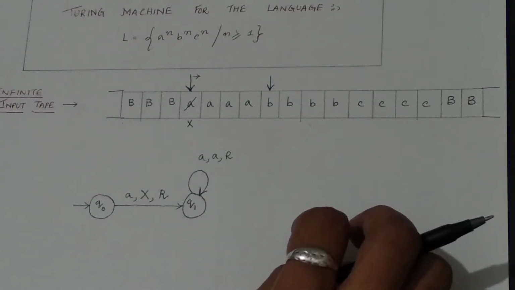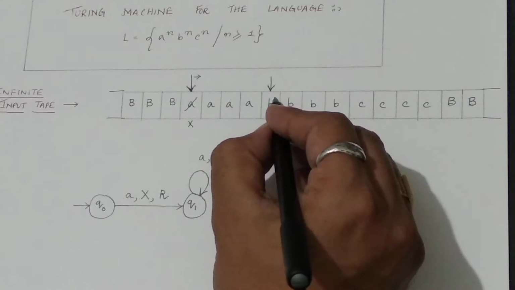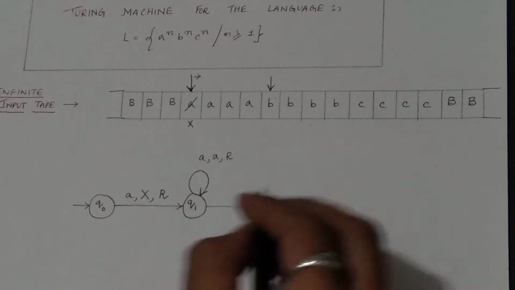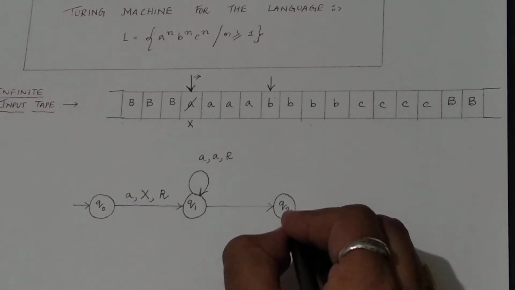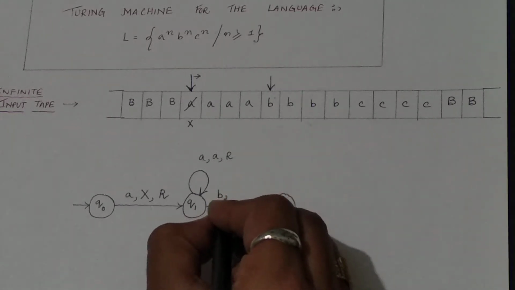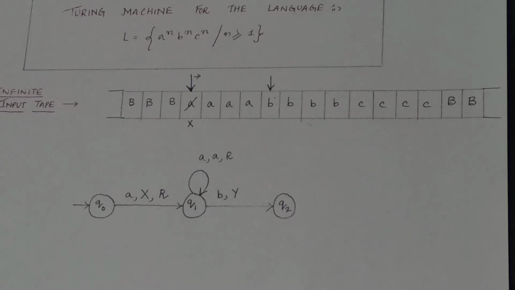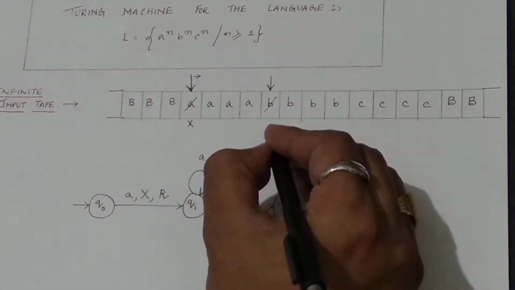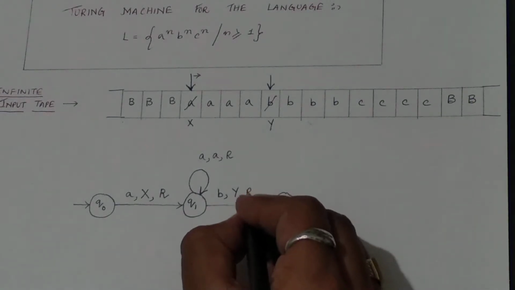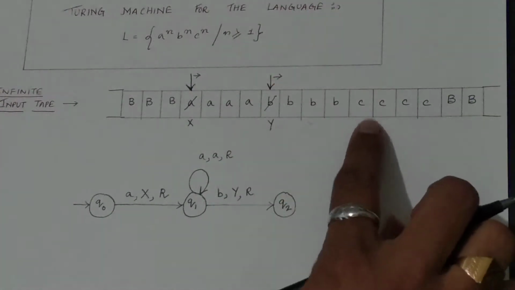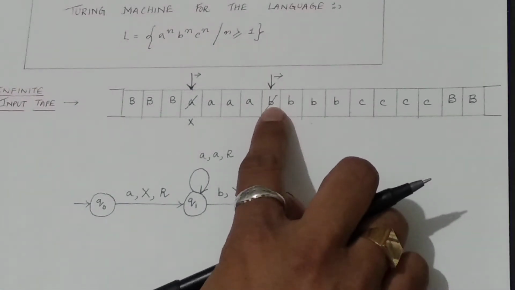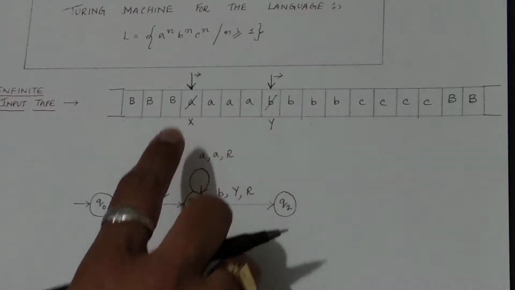After reaching b, I will replace b by y, and the transition changes from q1 to another state, q2. On seeing b, it is replaced by y and the tape head moves right, because I have one more symbol, c. Earlier, I used to revert back from b and move in the left hand side direction.